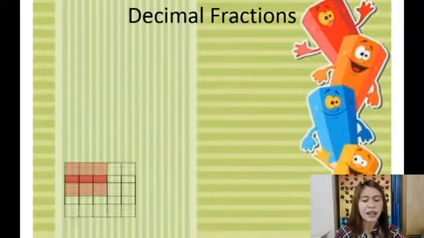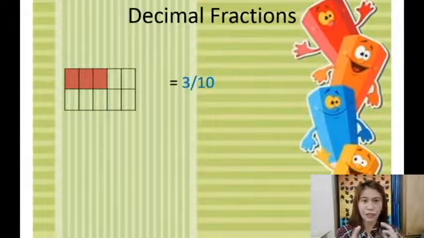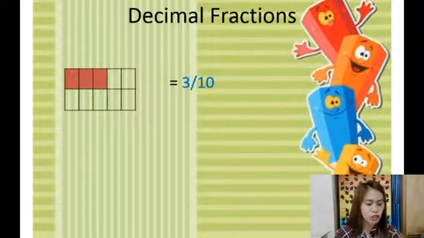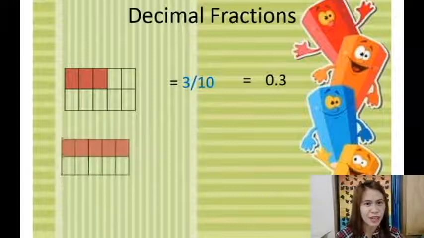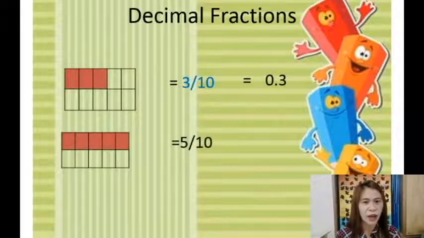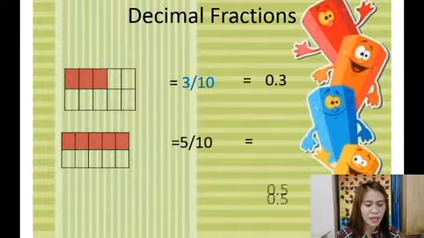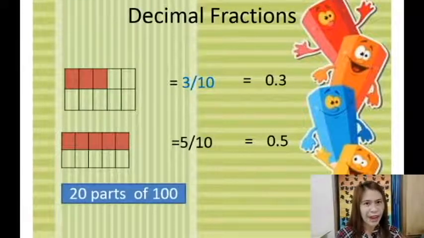So, balik ta sa given na 3/10. No? The first figure, 3/10. Ato siyang express, no, into decimal. Okay, so the 3/10 is equal to 0.3. Okay, the second one, the 5/10 is equal to 0.5.